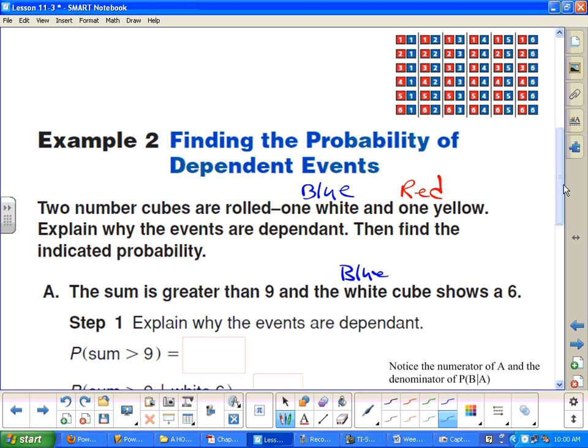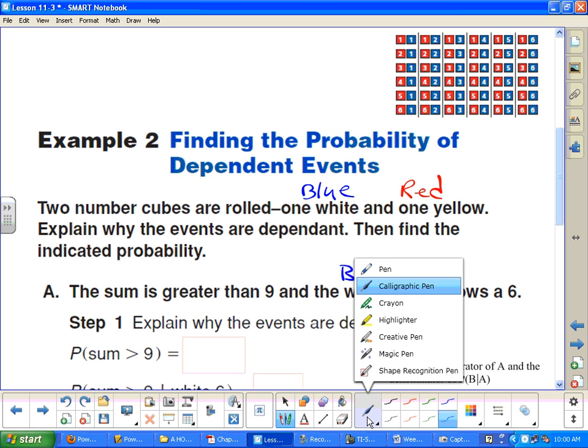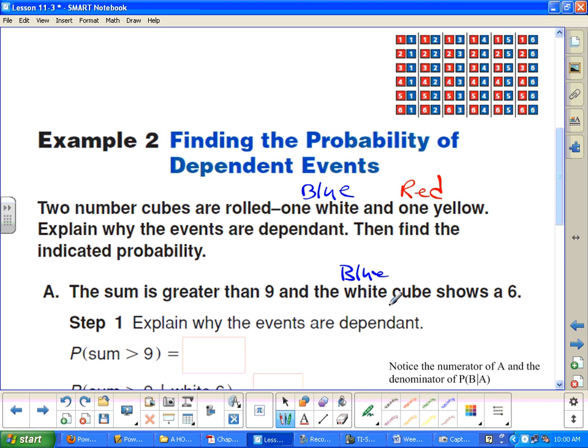Greater than 9 would be these, those right there, right? 6 out of 36. They have a sum greater than 9.